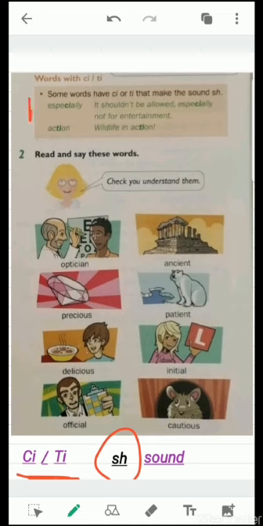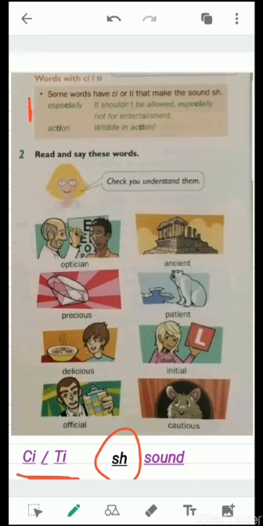Look at the box. It says some words have the CI or the TI that make the sound sh, especially and action. It shouldn't be allowed, especially not for entertainment. Wildlife in action. We have another group of these words. Number 1, optician.